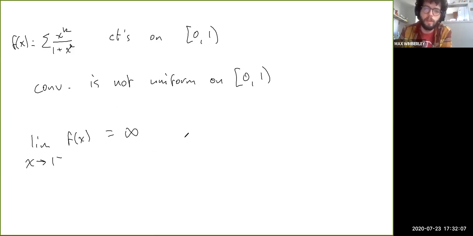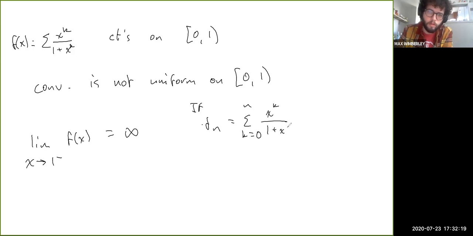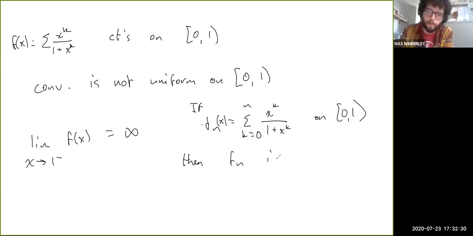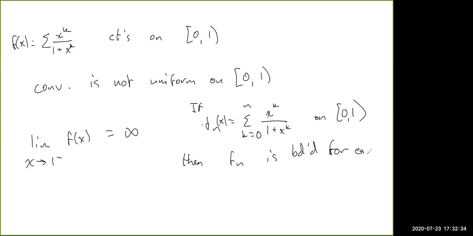In principle, if fn is the nth partial sum, then, oh yeah, I see how it's not uniformly convergent. Yeah, fn is bounded for each n.